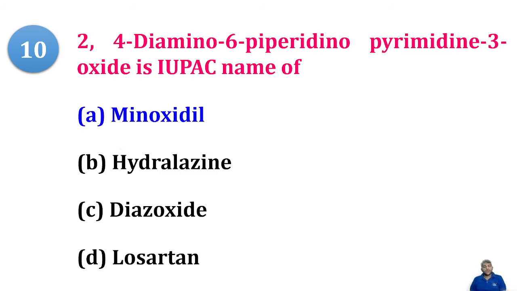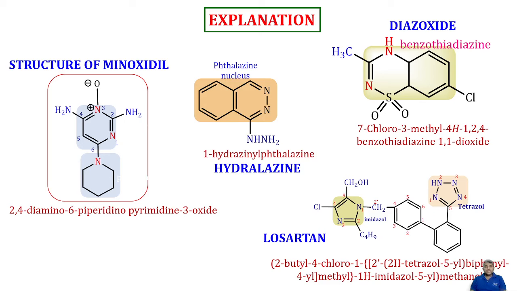This is the structure of minoxidil. You can see there is an amino group at the 2nd and 4th positions, and a piperidine ring at the 6th position. Pyrimidine is the main ring, with an oxide at the first position.